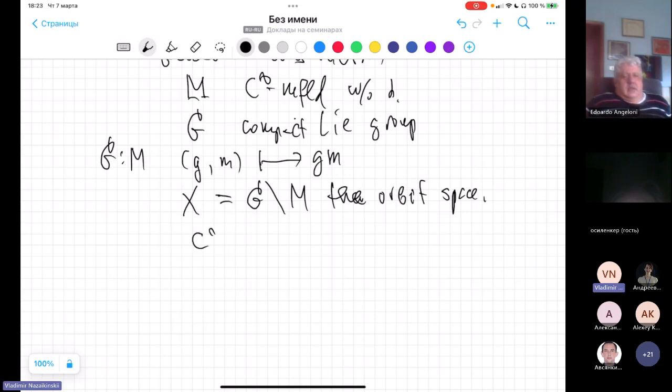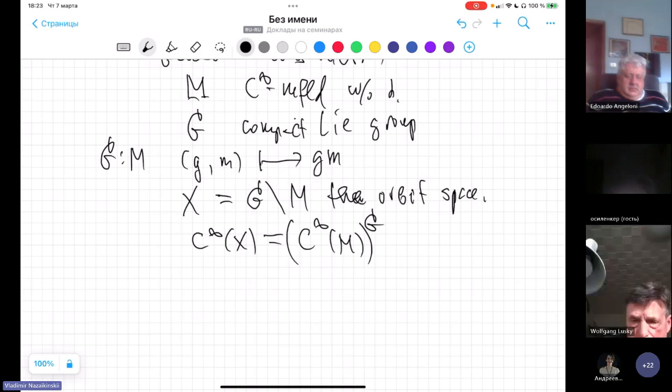For example, C infinity of X is by definition the subspace of C infinity of M formed by G invariant functions.